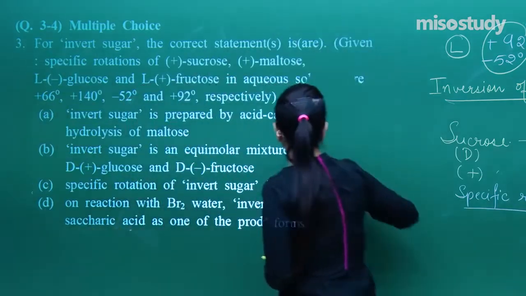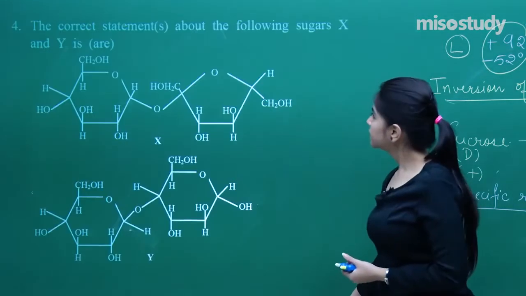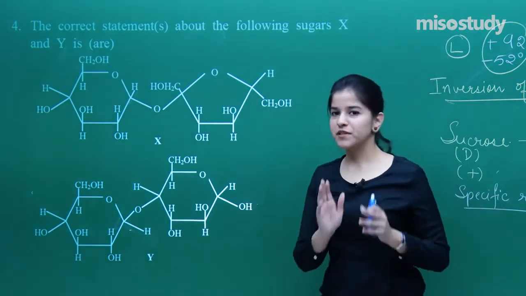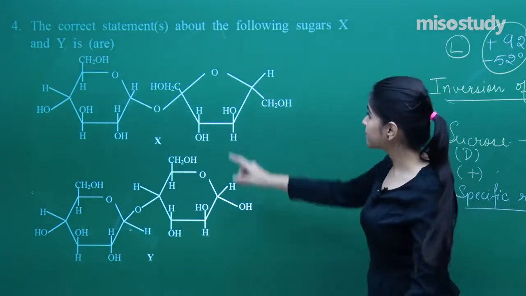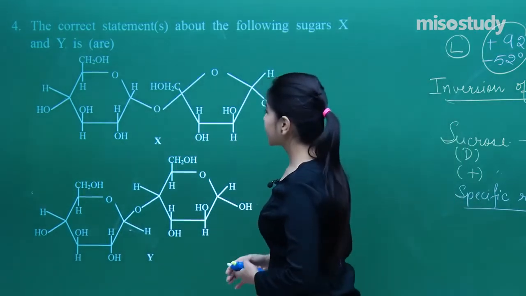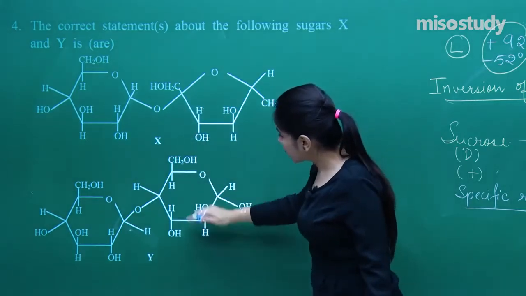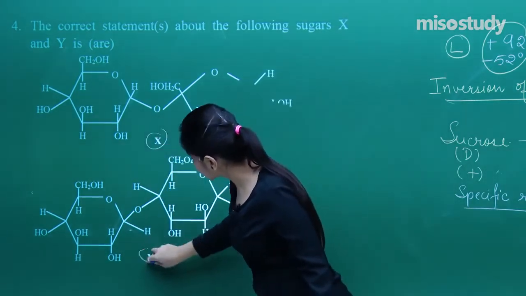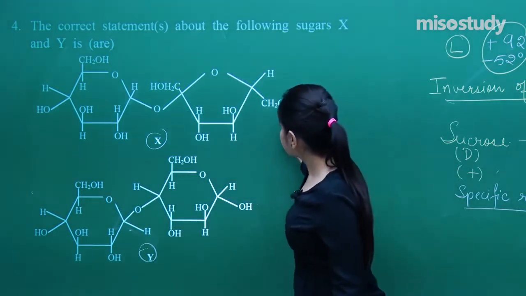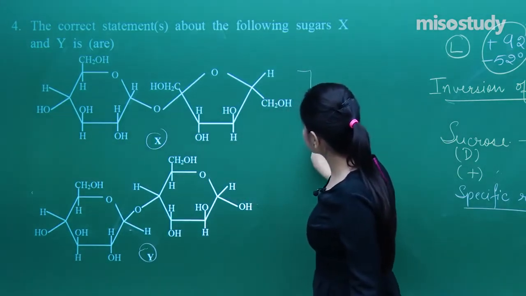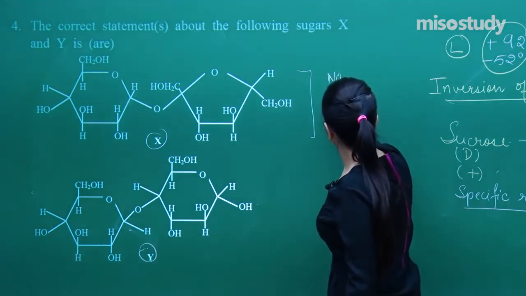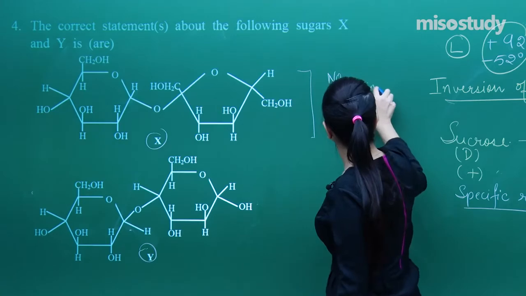Again, I'll be having a multiple choice question. So what it says, again, such complicated structures but yet having a very simple answer. The correct statements about the following sugars X and Y are. Now you need to check, these two are the sugars which are given, X and Y. So if you observe over here, in this very sugar there is no reducing part present.